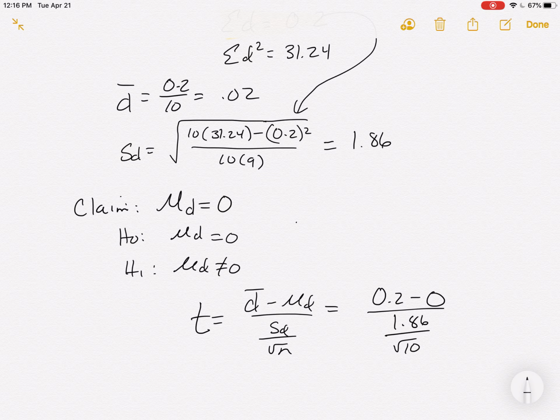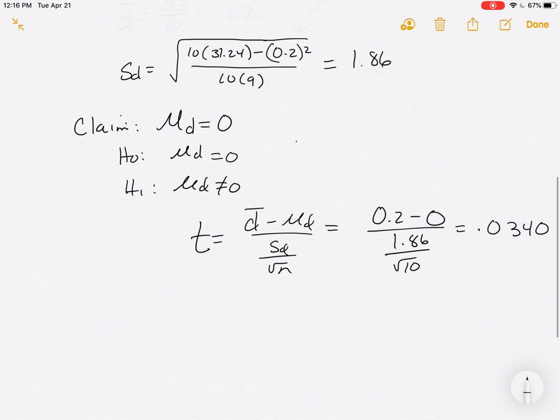If we take the 0.2, divide by 1.86 over root 10, we are going to get 0.0340. Very small number coming out for this test statistic, but that's what it is. And so we know we're going to fail to reject, but let's go watch it happen. We will not have enough information to substantiate that. But let's watch it happen.